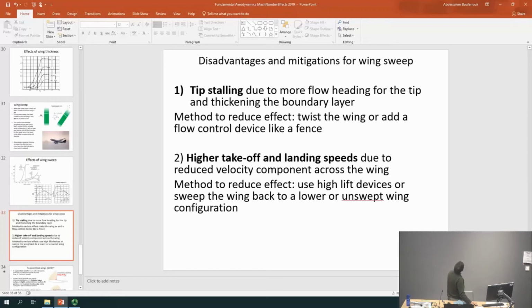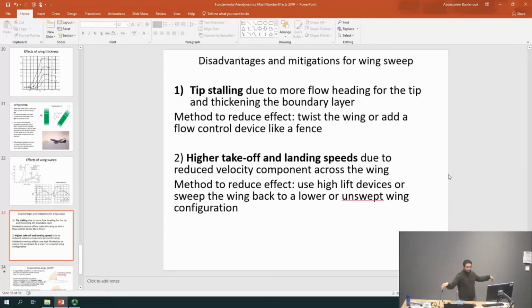Number two, in the grand scheme of things, having a swept wing will not allow you to take off and land at the very low speeds that you require during takeoff and landing. It turns out that the landing and takeoff speeds are increased, which is not good news. Aircraft land and take off at low speeds.